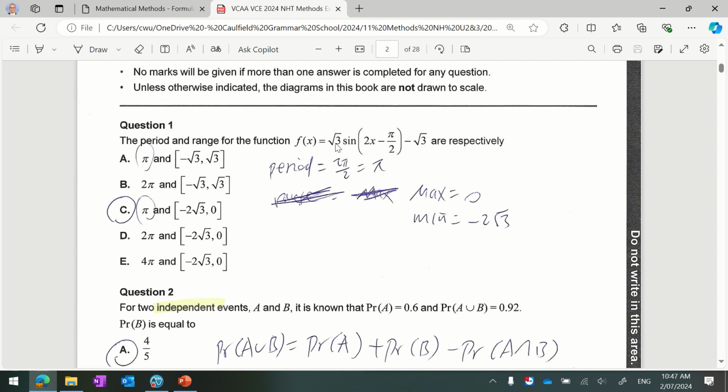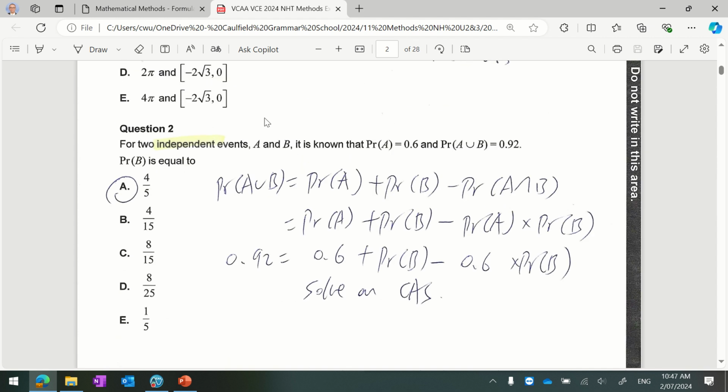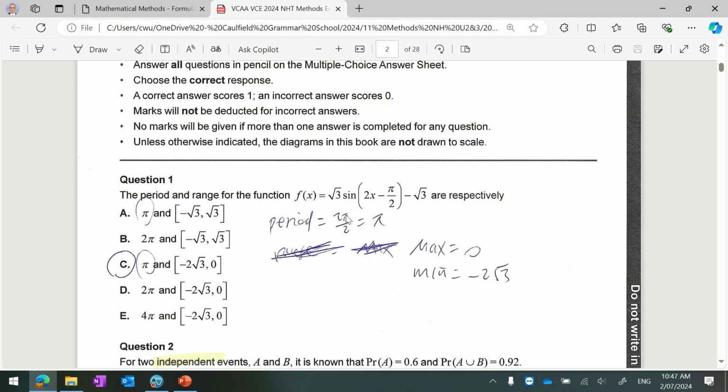The maximum after dilation is positive root 3, and translating down by root 3 gives a maximum of 0. So option C is the correct answer. This is all just transformation.